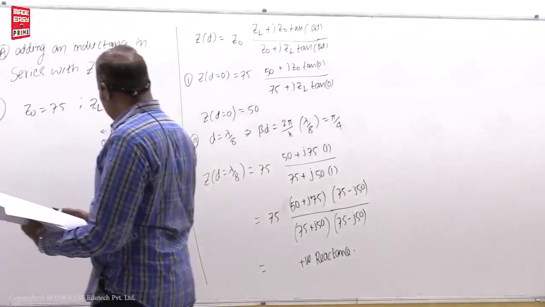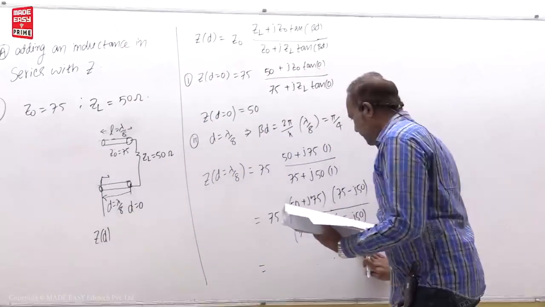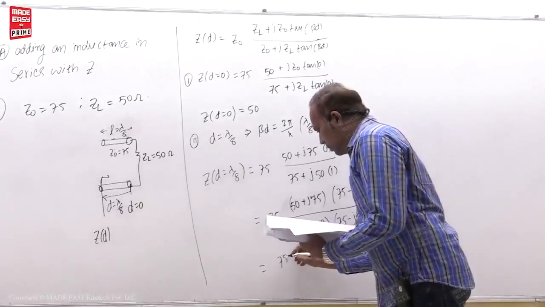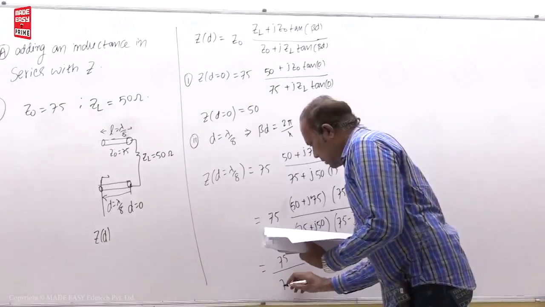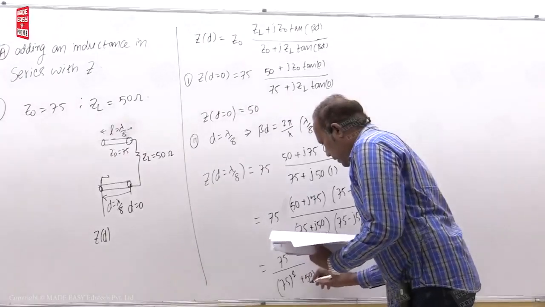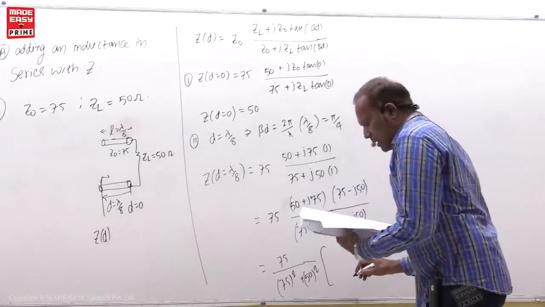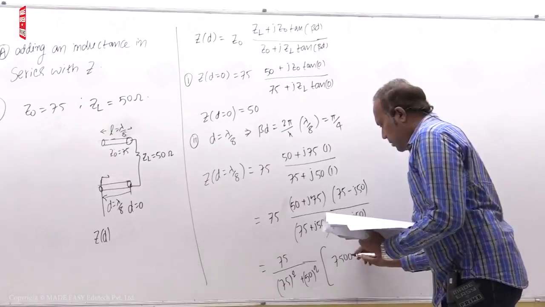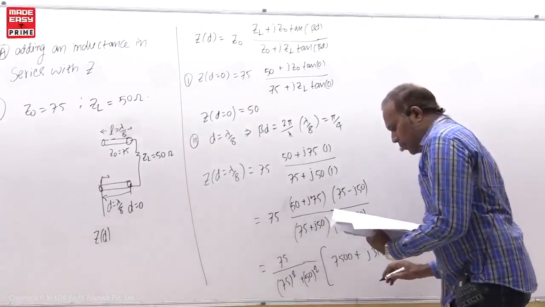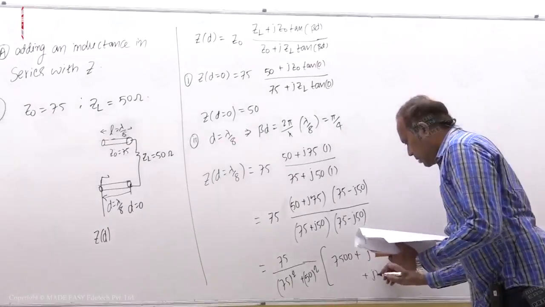This value you get this much, student. If you want the exact value, 75 divided by 75 square plus 50 square, then 7500 plus root 3125. So you got plus jX, no, student?